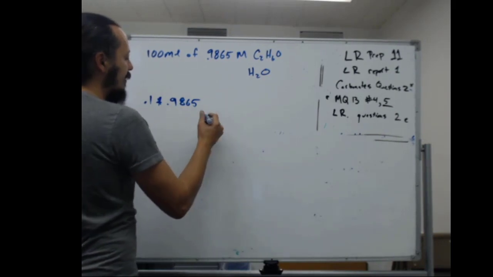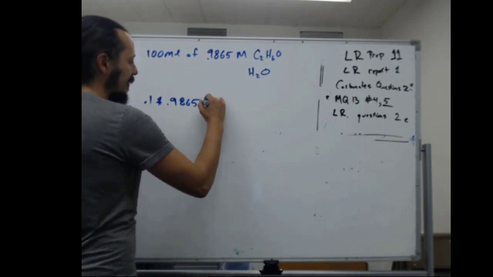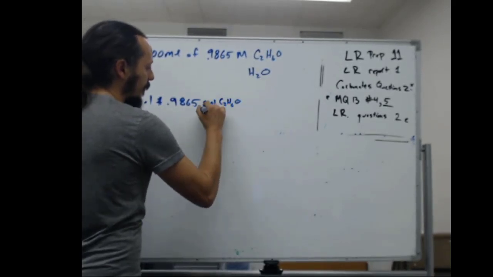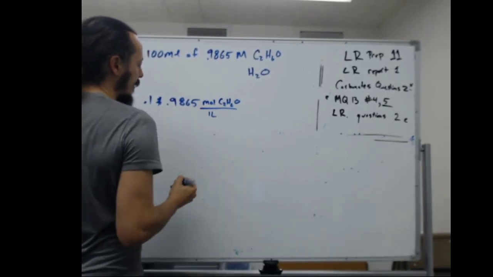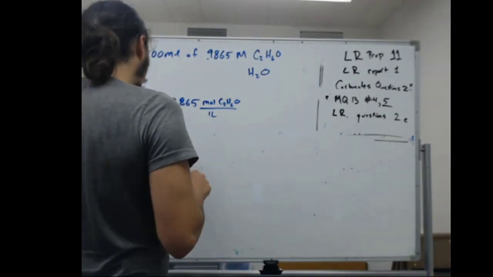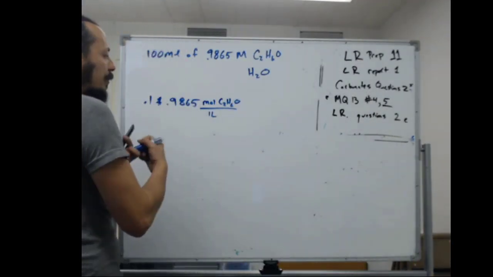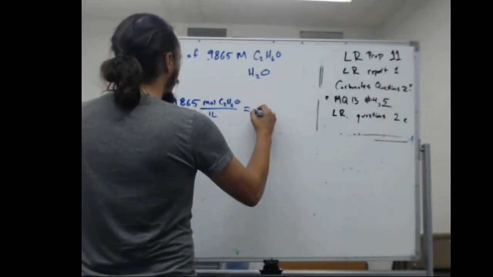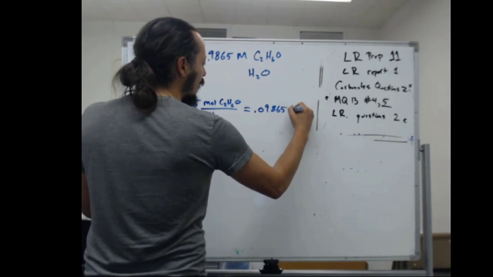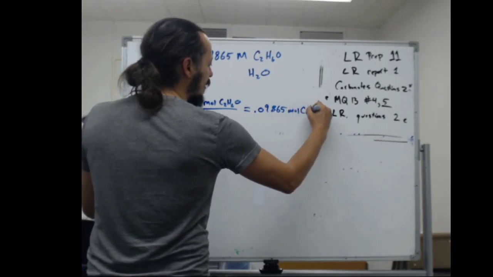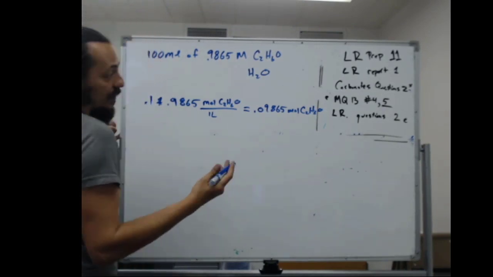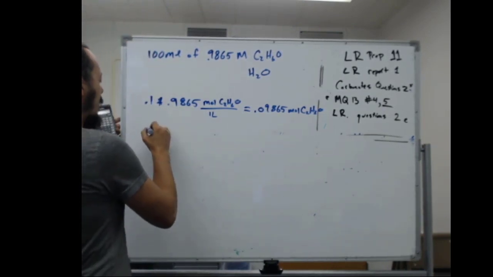And I'm actually going to do this step separately, because I'm going to need this number of moles in just a moment. Oh, but I can do that multiplication in my head, thankfully. It's going to be 0.09865 moles C2H6O.